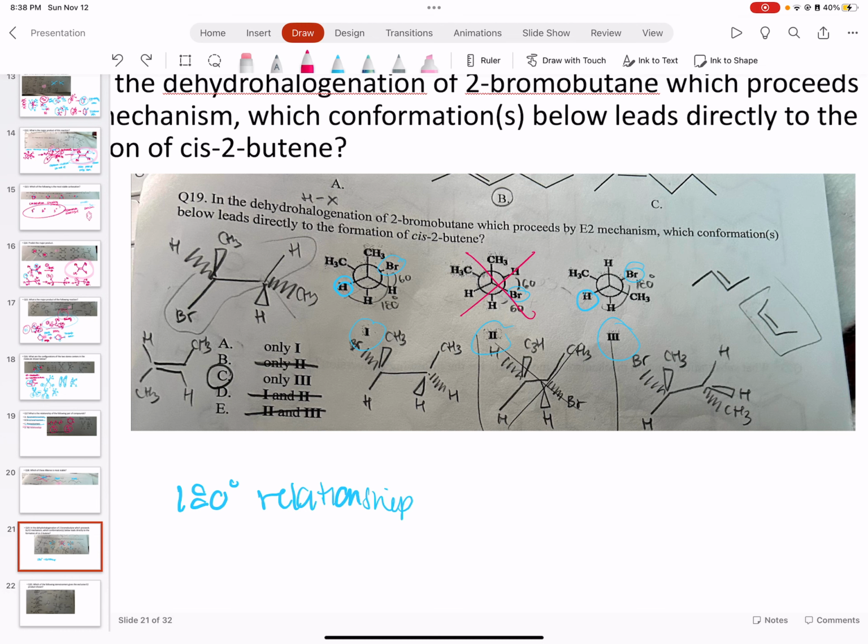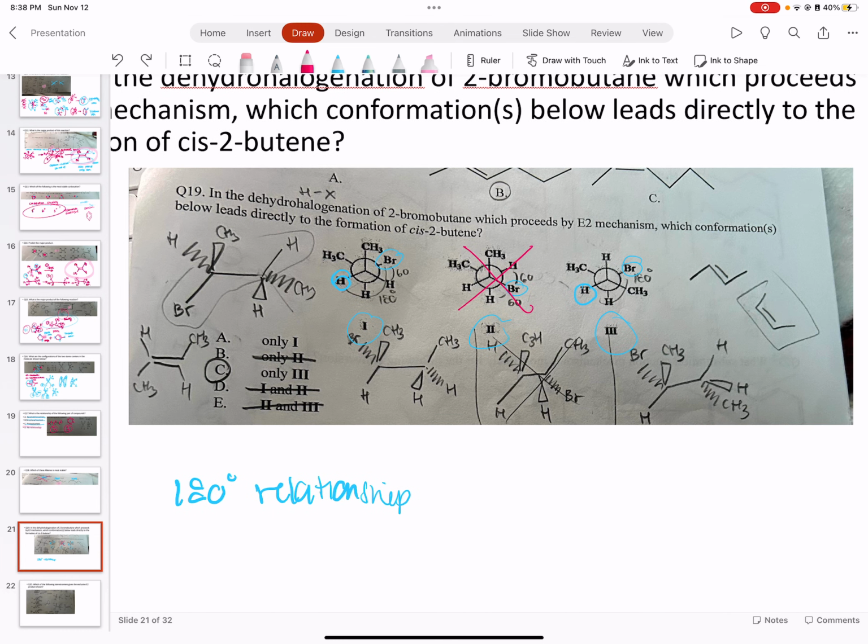When I remove these two, I'm going to create a double bond, which gives rise to a product like this. And again, when I remove these two, I'm going to have a double bond.